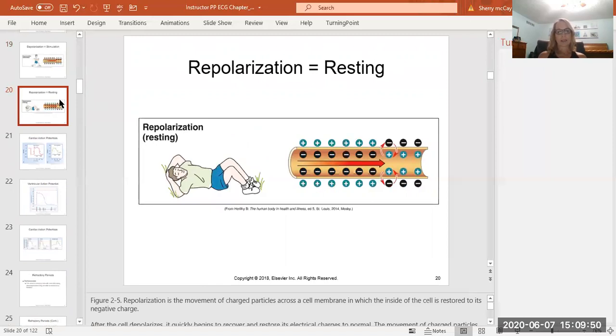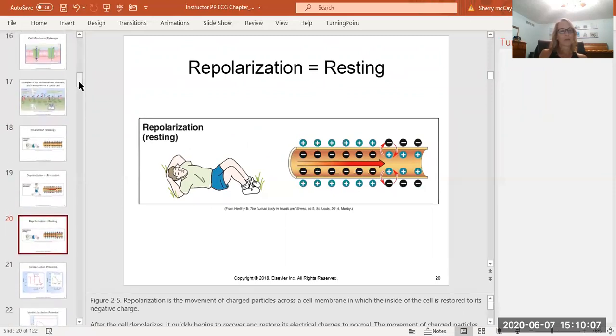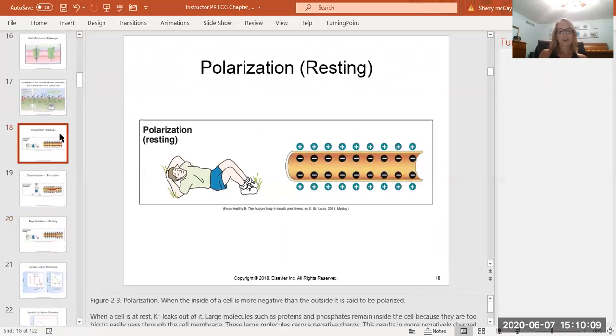Repolarization, again, resting. So repolarization is the movement of charged particles across a cell membrane in which the inside of the cell is restored to its negative charge. Okay, so I'm going to go back through this again real quick. With polarization, it's when the inside of the cell is more negative than the outside.